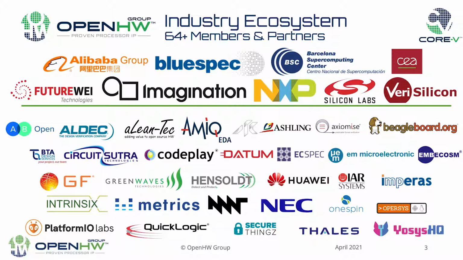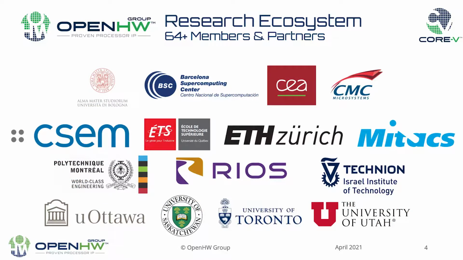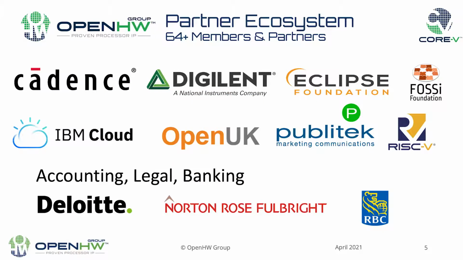We also have a large research ecosystem with many world-leading institutions doing research using our open source cores, as well as a strong partner ecosystem that helps us curate these open source artifacts and deliver them into the ecosystem.